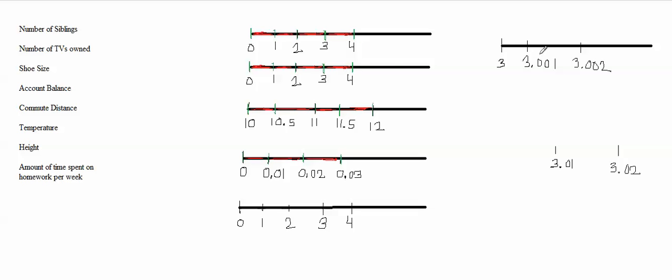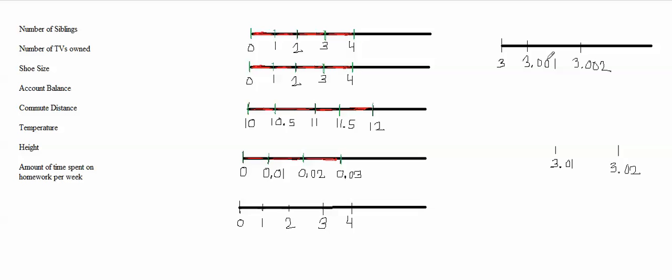Now, if we think about a person's exact commute distance, well, if we record a person's commute distance, the number that we record is obviously going to only have so many decimal places, because we're only going to end up recording it to a certain decimal point.